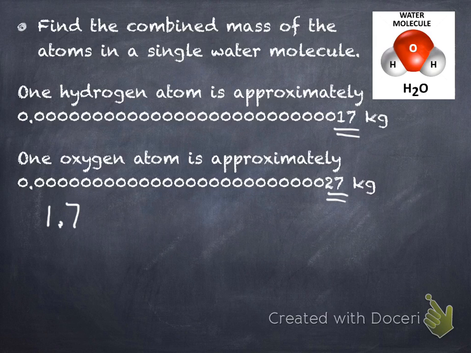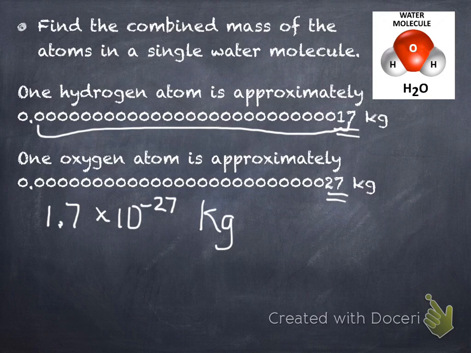And so if I count from the 1 all the way over here, I count 27. So this is going to be times 10 to the minus 27. 1.7 times 10 to the minus 27 kilograms, because there are 26 zeros plus one more place.